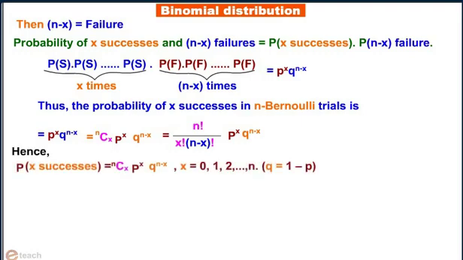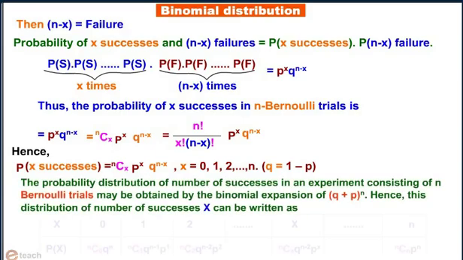Hence, the probability of x successes equals nCx p to the power x q to the power n minus x, where x can take the values 0, 1, 2 up to n, and q equals 1 minus p.